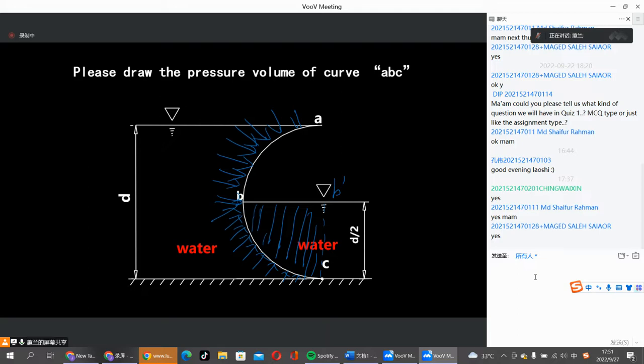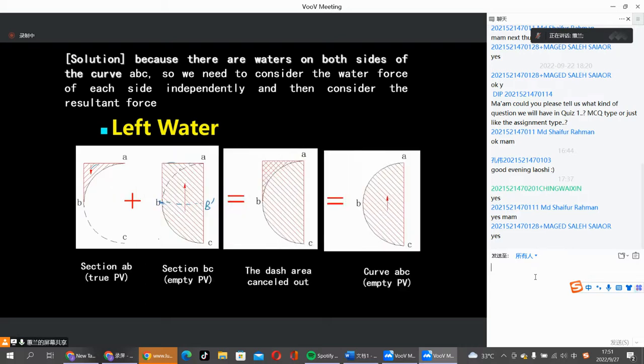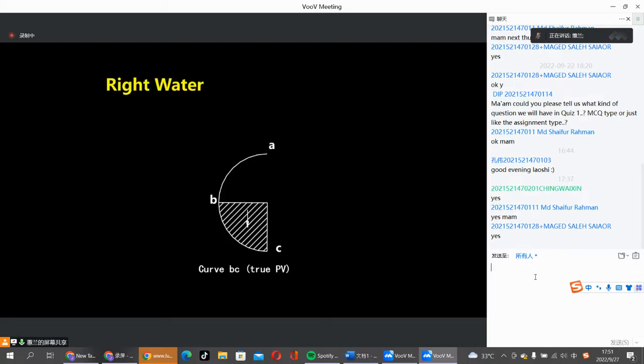So this is the vertical force by the left water on curve ABC. How about the right water? It's obvious, very simple, because for AB there is no water on the right side, so only BC.